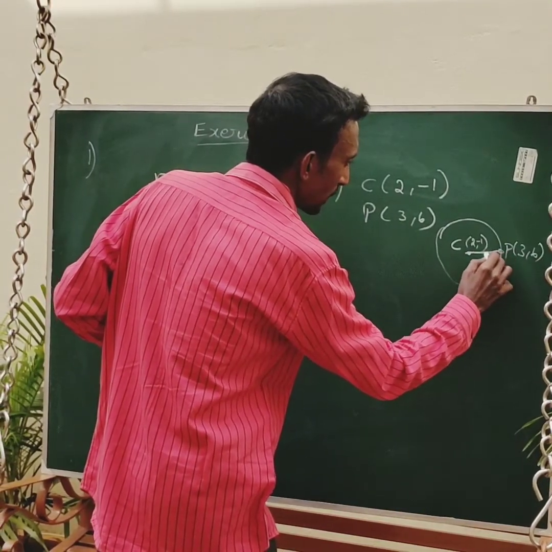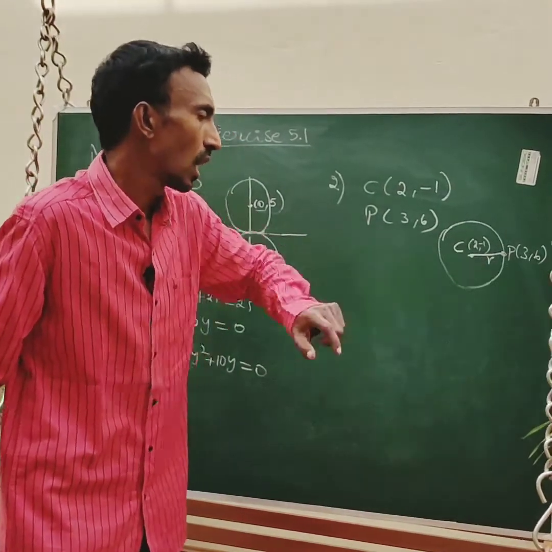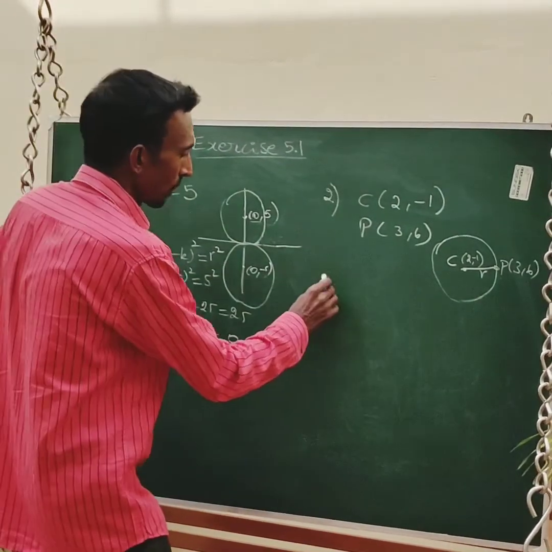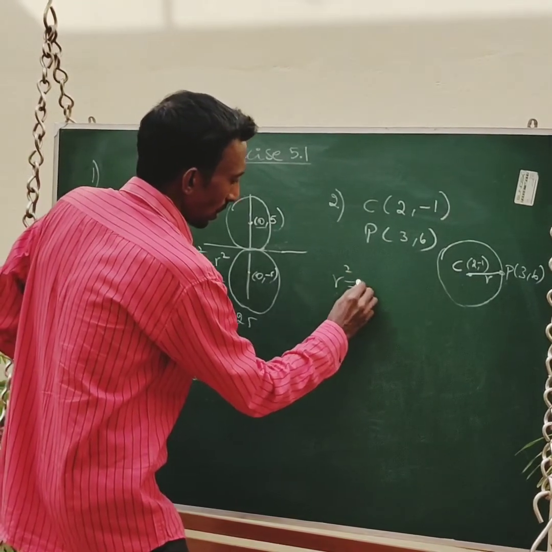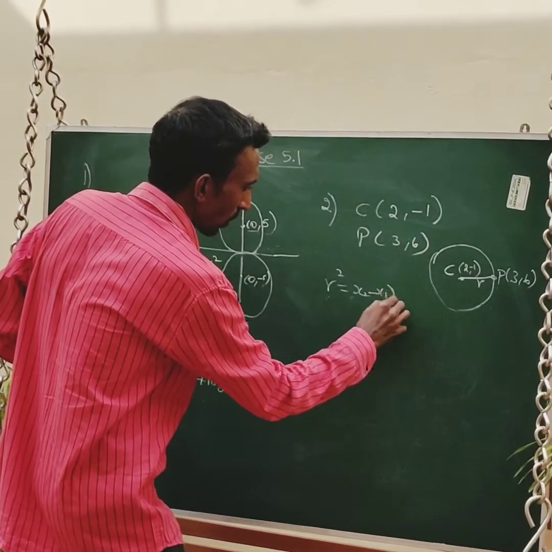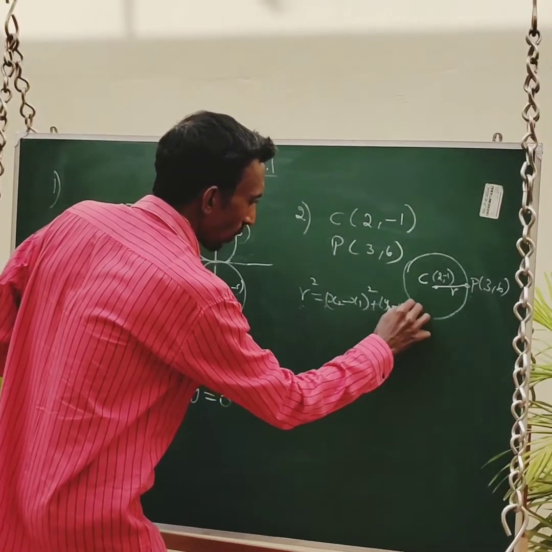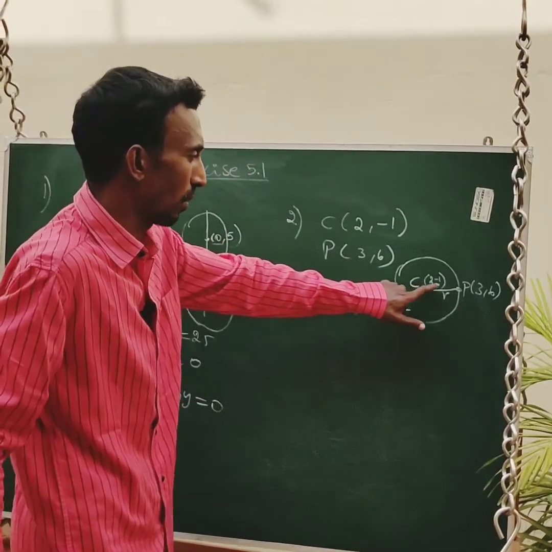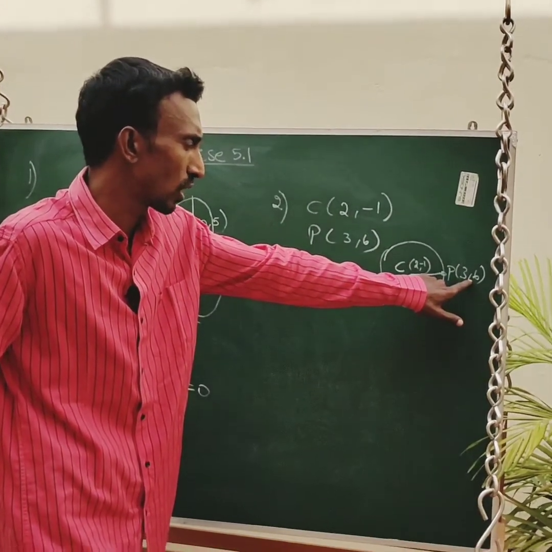The distance between the two points is nothing but the radius. So for the two points, apply the distance formula: r square equal to (x2 minus x1) whole square plus (y2 minus y1) whole square. Assume the point 2, -1 as x1, y1 and 3, 6 as x2, y2.